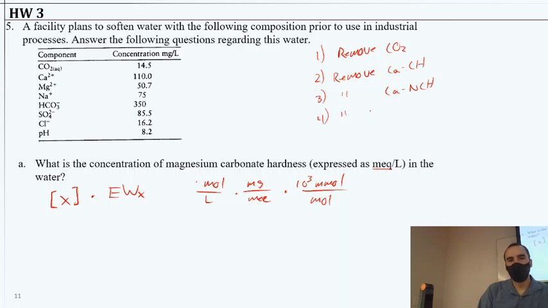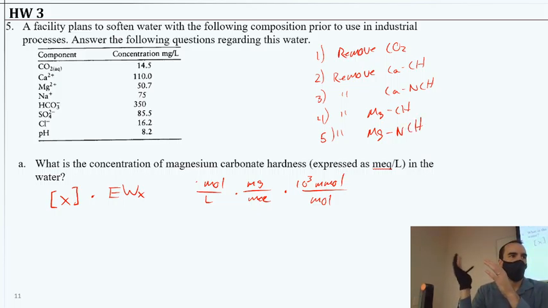Then we get to the magnesium carbonate hardness, magnesium, and I guess it was 6 steps, right? Or maybe that was it. Magnesium non-carbonate hardness. Okay, and each of these corresponded to adding lime or potentially lime and soda ash in order to precipitate calcium carbonate and potentially magnesium carbonate.